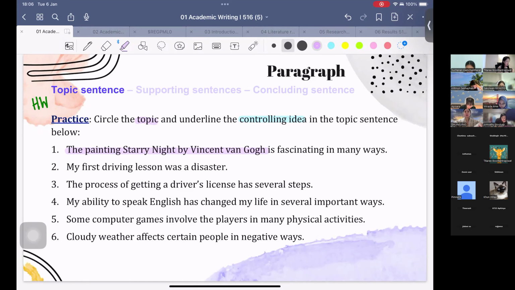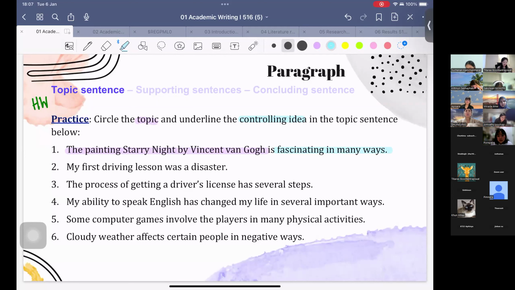But in this case, they just provide extra elaboration, which is the painting by this person and how the author is gonna talk about this painting. "Is fascinating in many ways" would be the controlling idea.